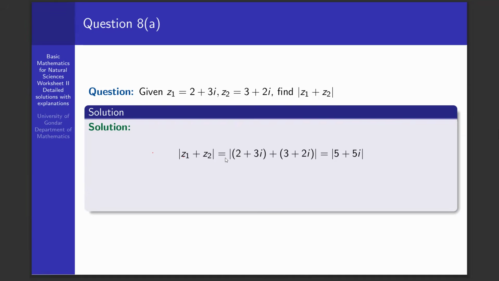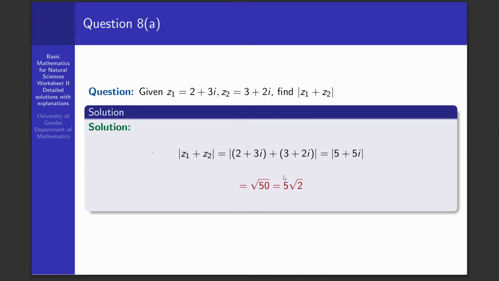That is z1 plus z2 is equal to 2 plus 3i, that is simply for z1, and 3 plus 2i for z2, which is equal to 5 plus 5i. Then the norm of the sum of these two, that's 5 plus 5i, is the square root of 5 squared plus 5 squared, that is the square of the imaginary and the real part of this complex number, which is 50.